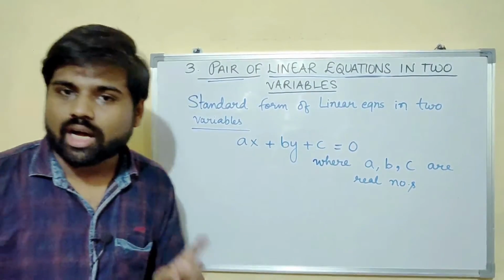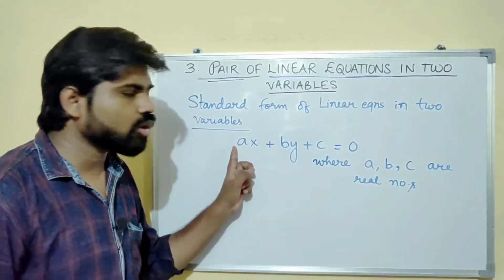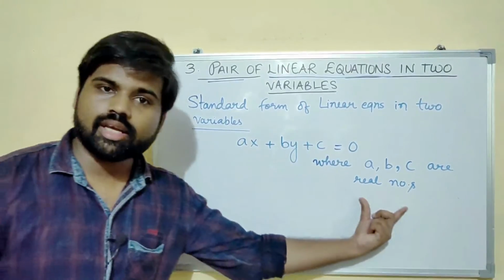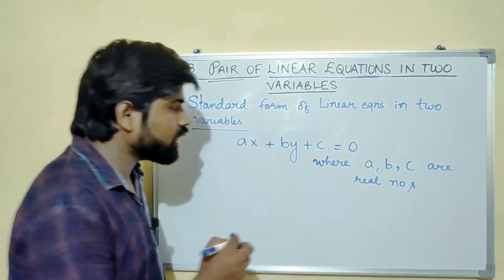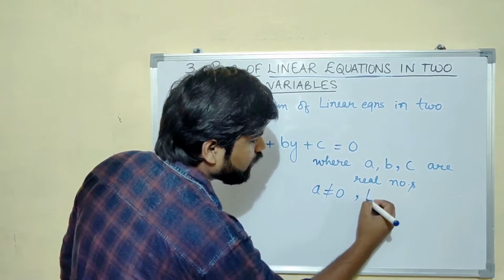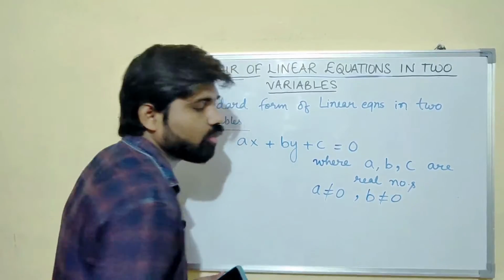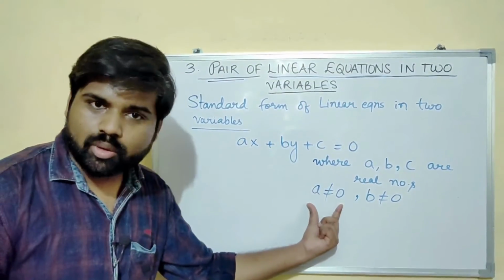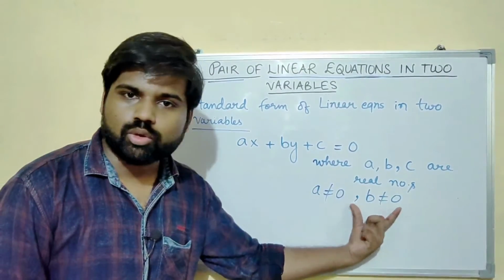A, B and C are not the variables, they are the constants. They are the real numbers. And there is one condition here, that A should not be equal to 0 and B should not be equal to 0.